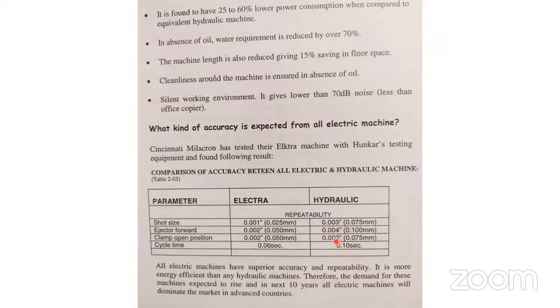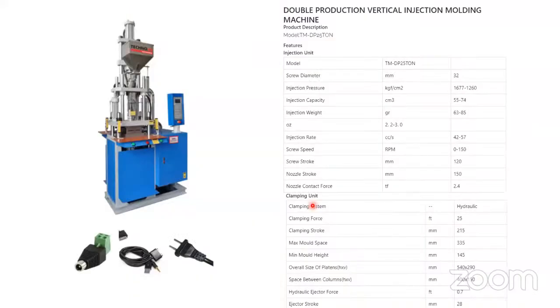Nowadays they have started. In India also, people are buying electrical machines because power is very costly in India now. And that's why, for saving purposes, you can use an electrical machine. It is a very sophisticated machine with large production, and accuracy you have seen in the comparison chart; you will get more accuracy.